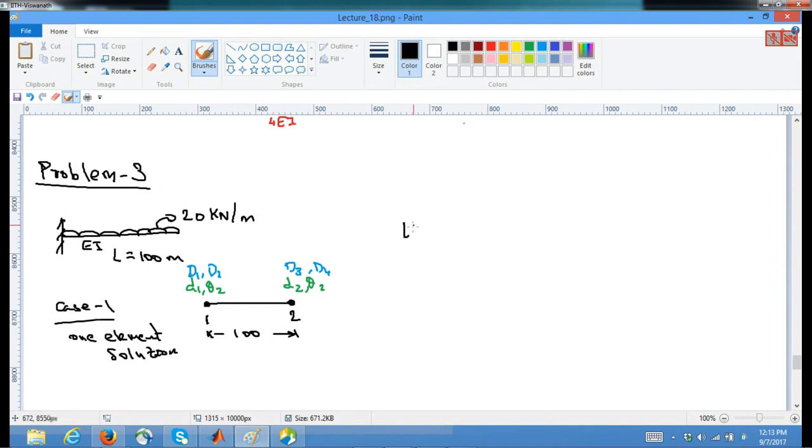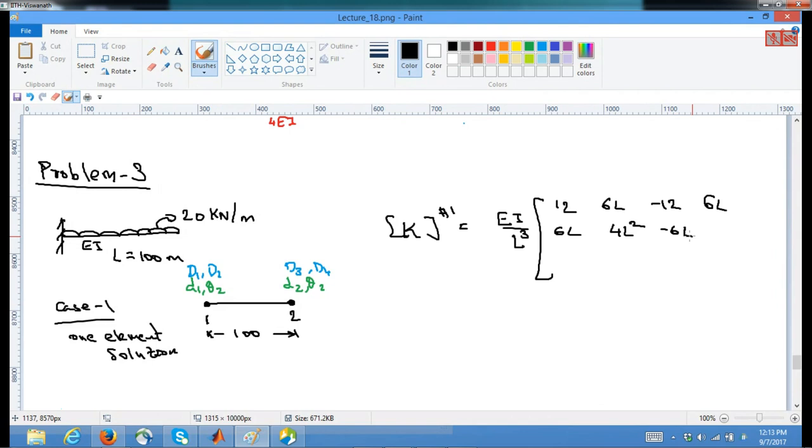Anyway, we know the element stiffness matrix for a single element is equal to EI by L cube, 12, 6L, minus 12, plus 6L, 4L square, minus 6L, 2L square, minus 12, plus 6L, minus 6L, 2L square.